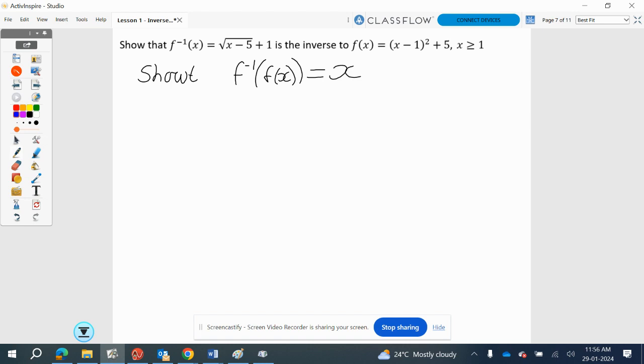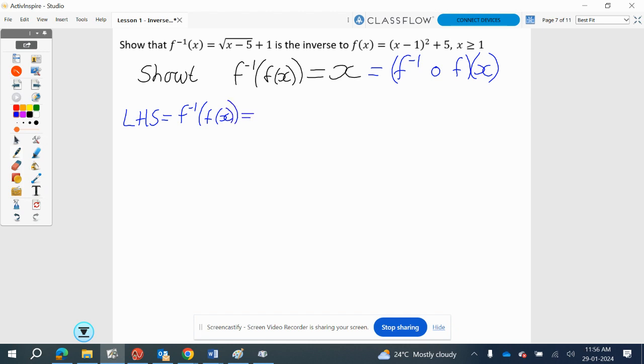You could write this as f inverse of f of x using composite function notation, which is also accepted. I like this way of writing it. So left-hand side equals f inverse of f of x.